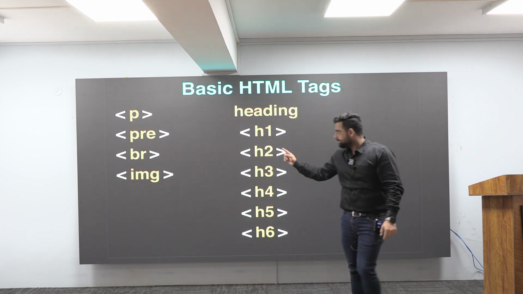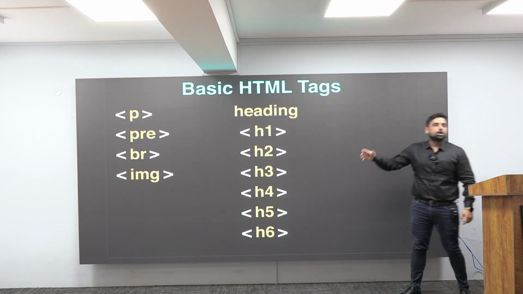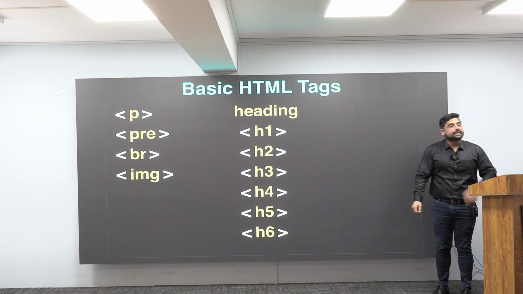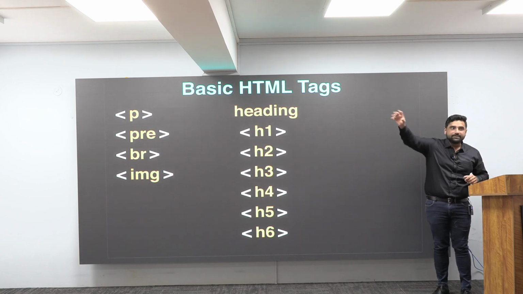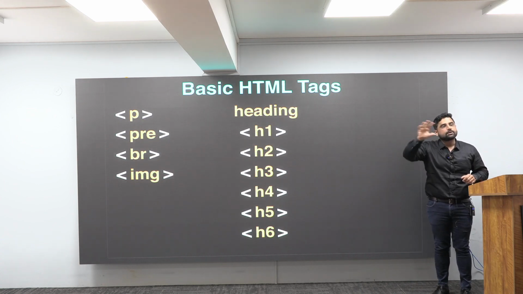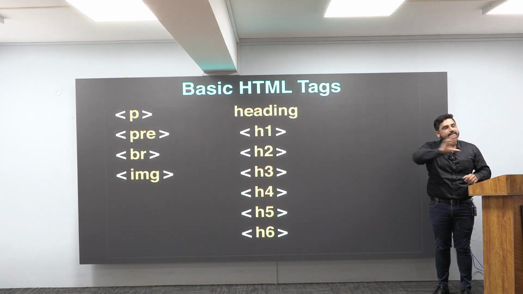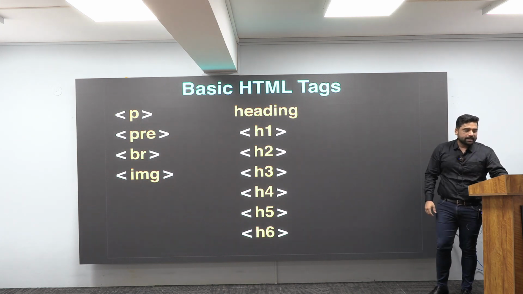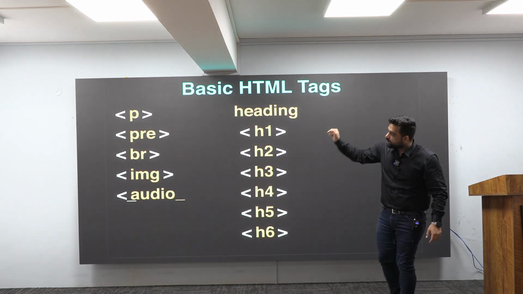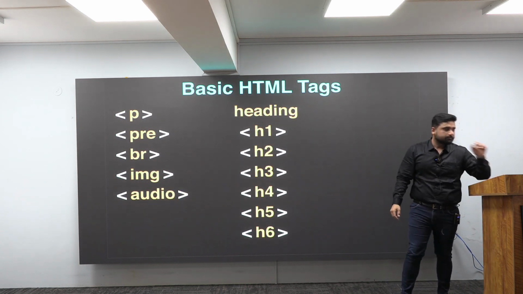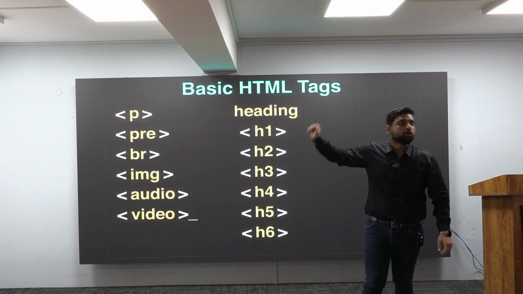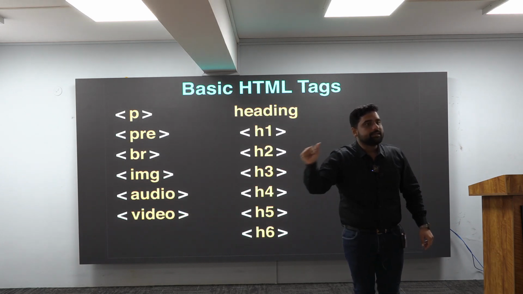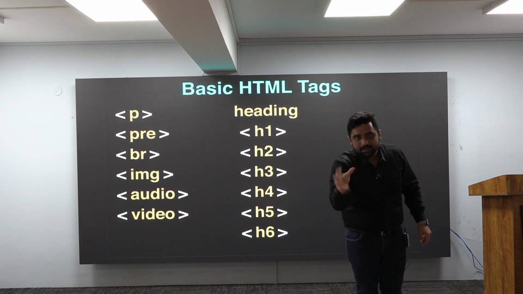So whenever you want to display any image in your browser, you have to use the image tag. Not only images, we can have audio also, and we can have video also. That scenario also comes, where you have to display all these things. For that we are having an audio tag and a video tag. Why should we use the audio tag?